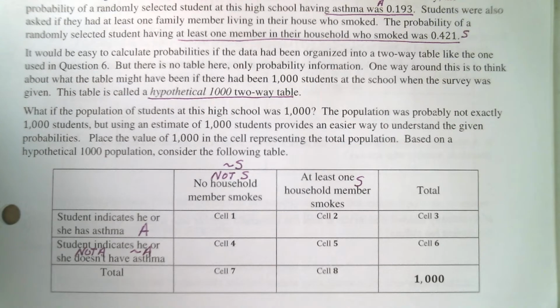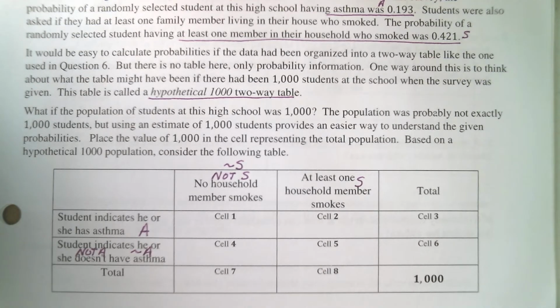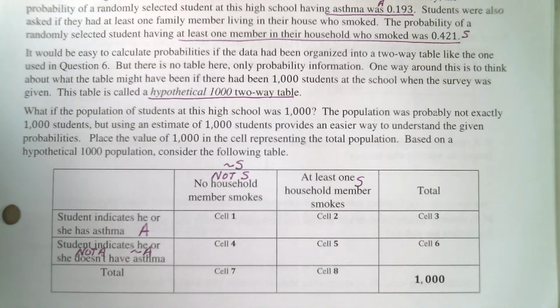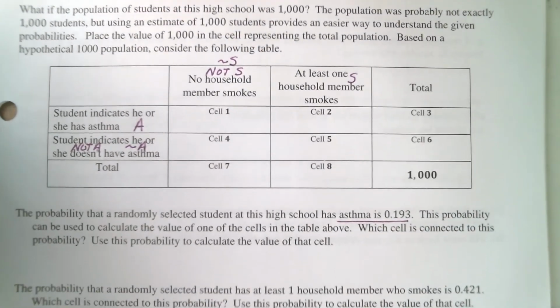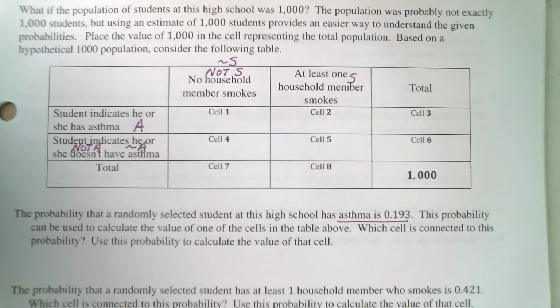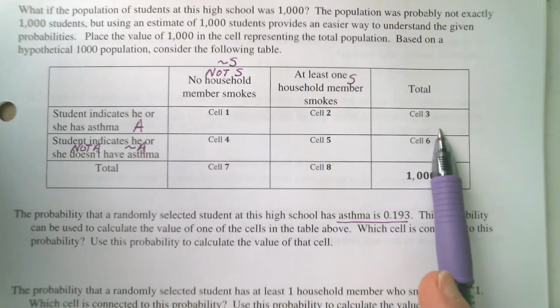The probability that a randomly selected student at the high school has asthma is 0.193. This probability can be used to calculate the value of one of the cells in the table above. Which cell is connected to this probability? Who has asthma would be cell 3.